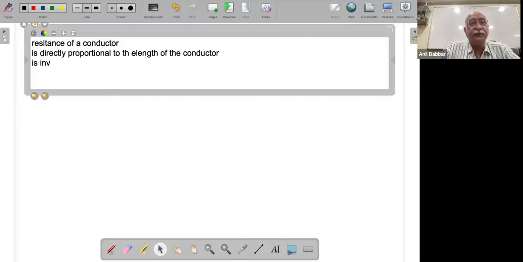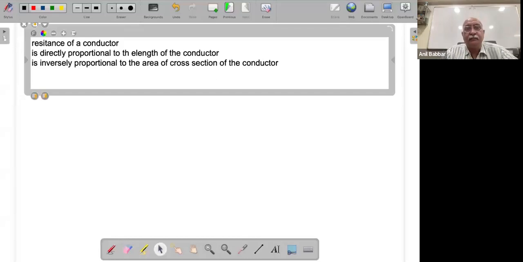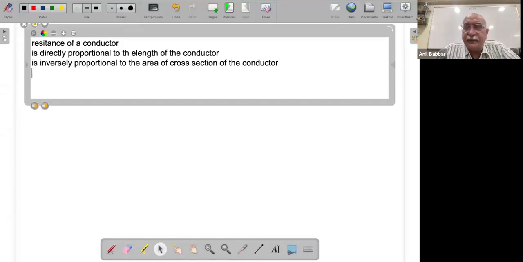Is inversely proportional to the area of cross section of the conductor. Right? Then it also depends upon the temperature.